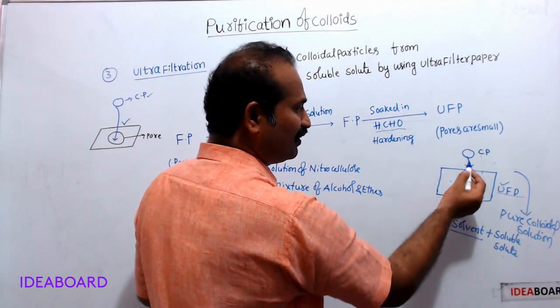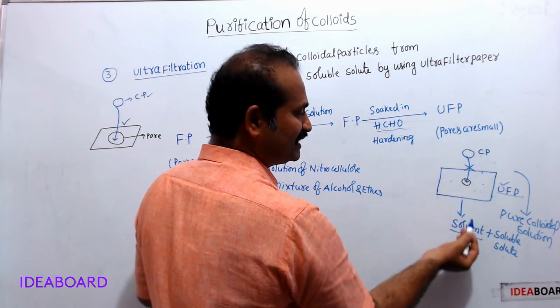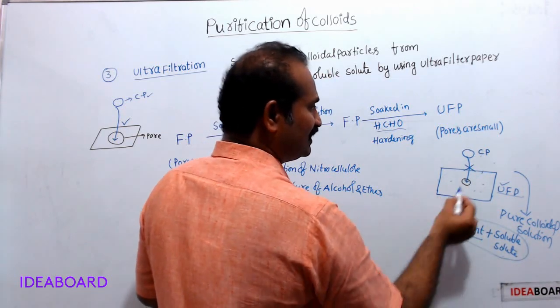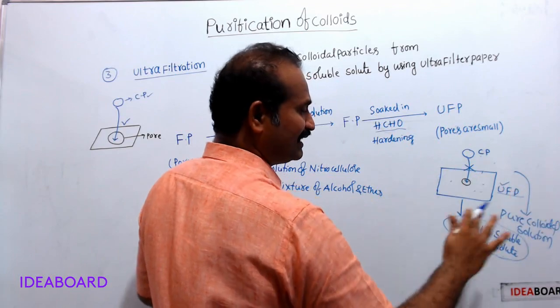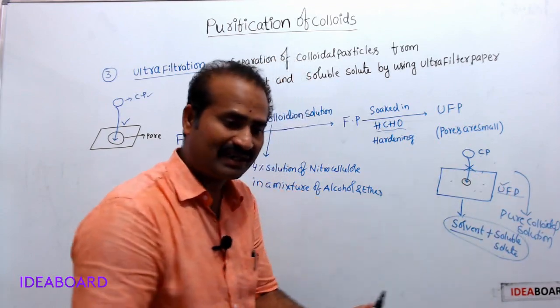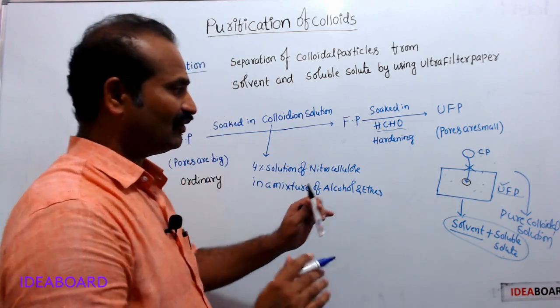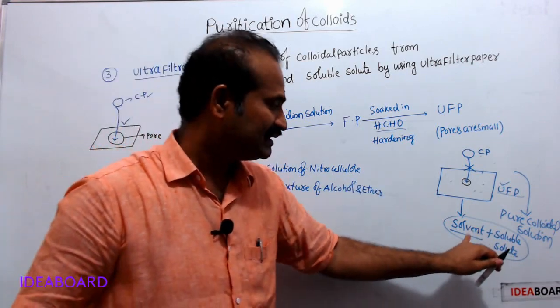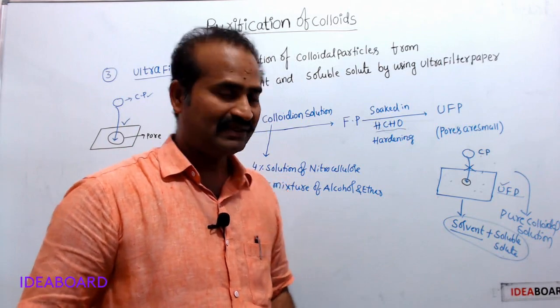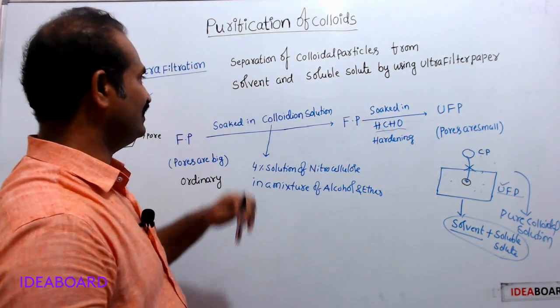Therefore, we are able to separate colloidal particles from these two. These colloidal particles are separated and mixed with a dispersion medium in order to get a pure colloidal solution. In this way, colloidal particles are separated from solvent and soluble salts. This process is known as ultrafiltration.